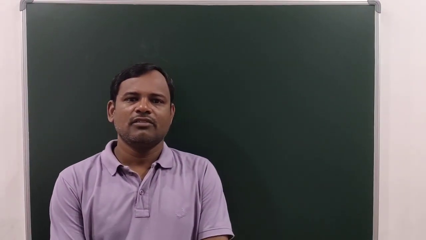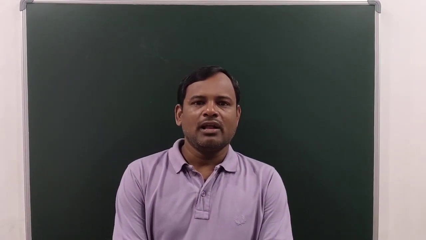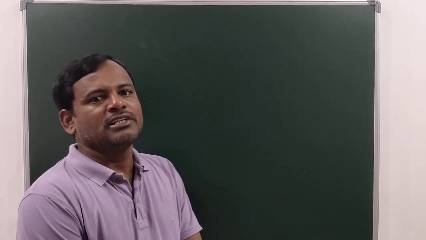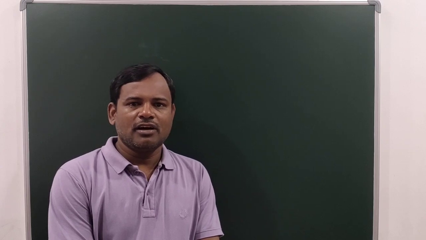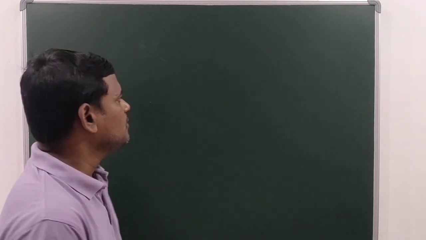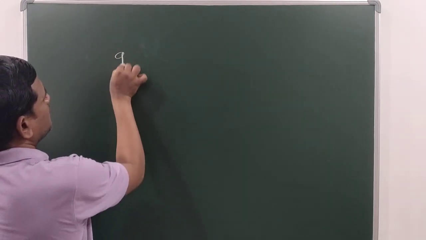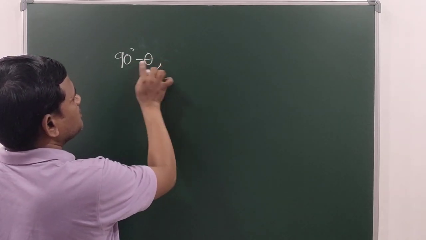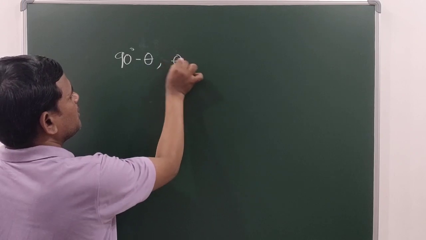In this class, now I explain you allied angles from trigonometry. First, let us see the definition of allied angles. See here: 90 minus theta comma theta.